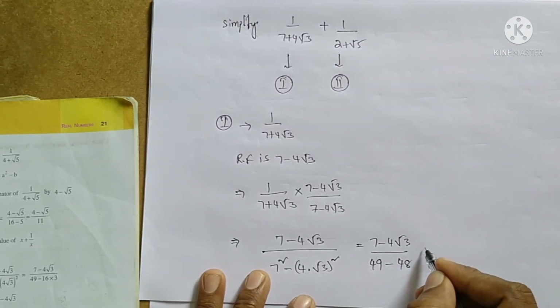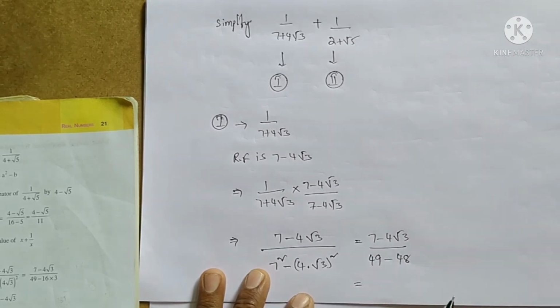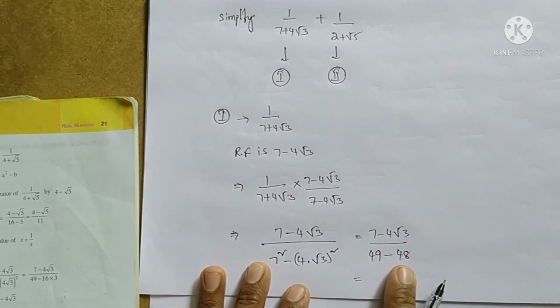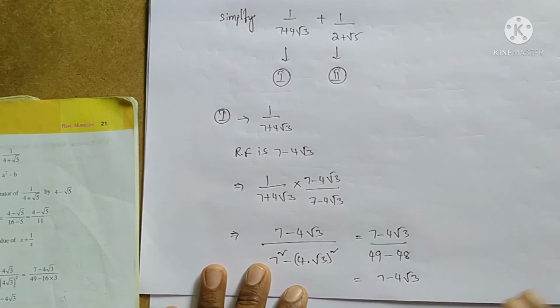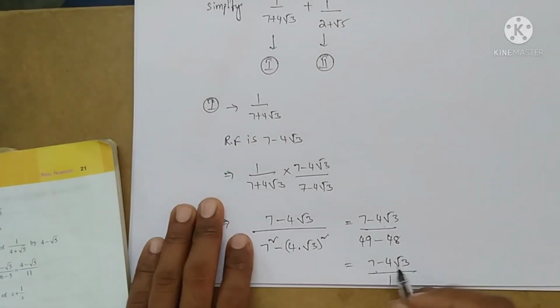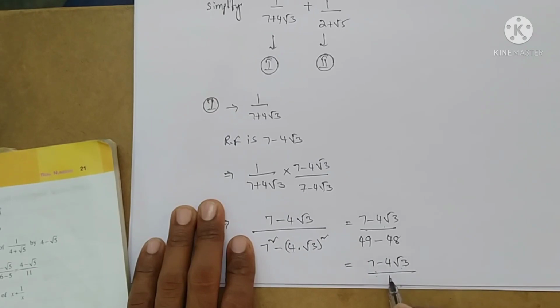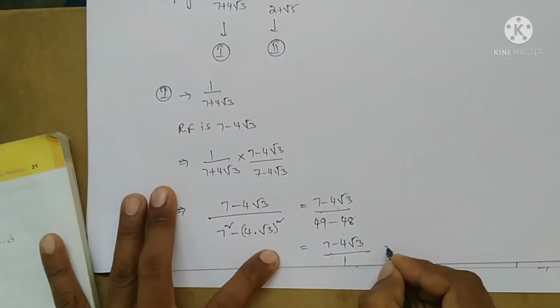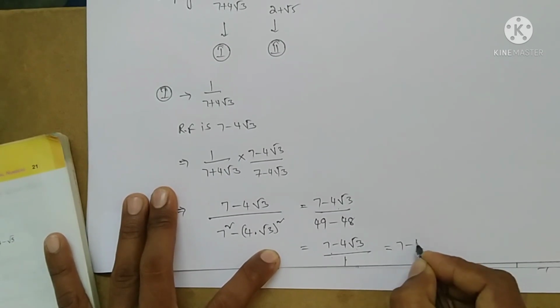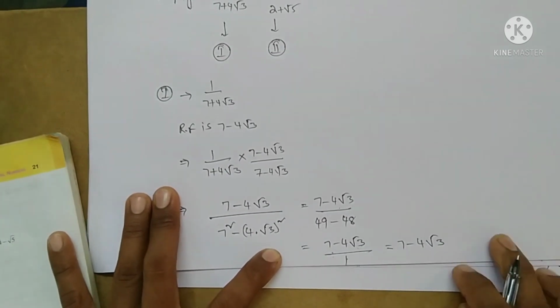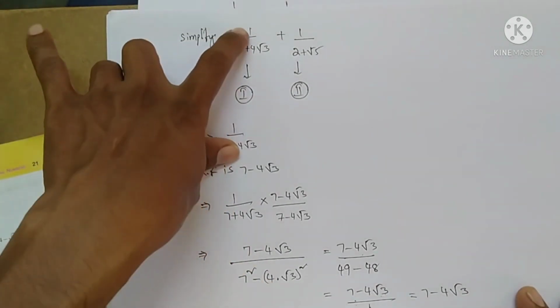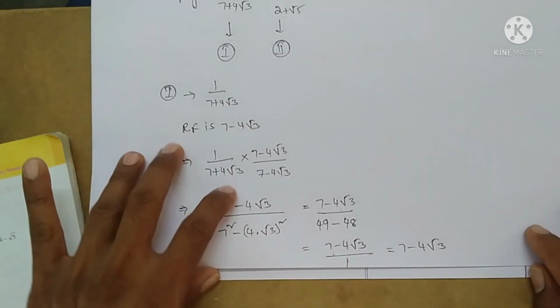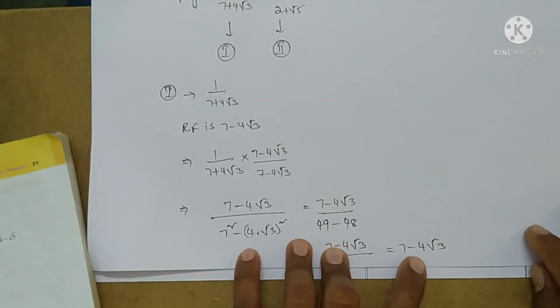So that is equal to 49 minus 48 is equal to 1, right? 7 minus 4 root 3 by 1 is nothing but 7 minus 4 root 3. So finally our equation 1 result is 7 minus 4 root 3.